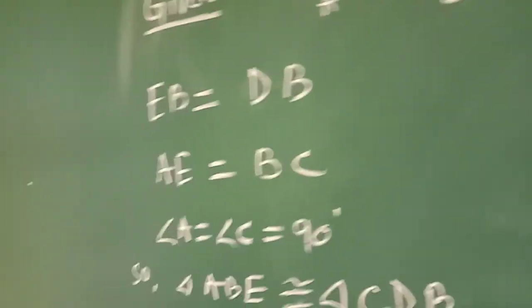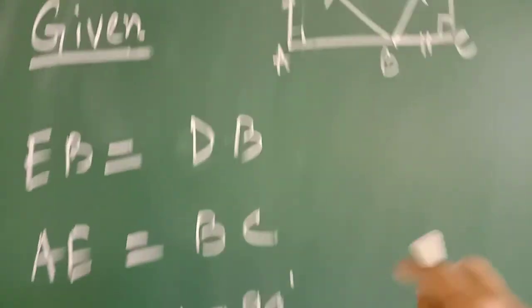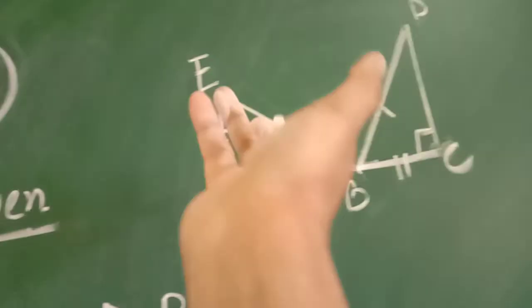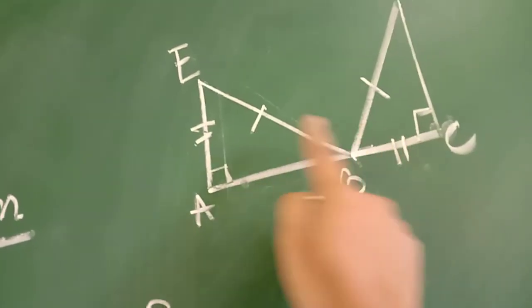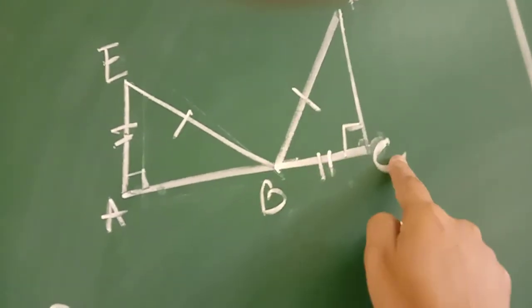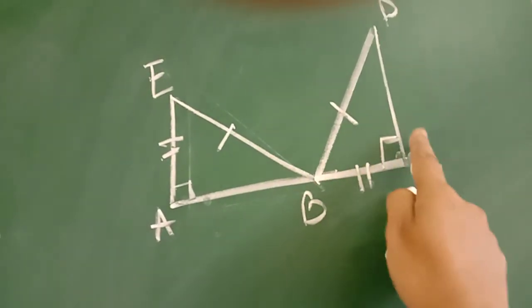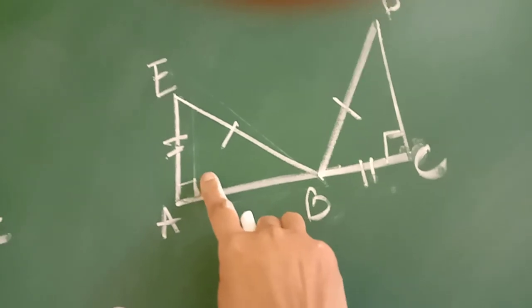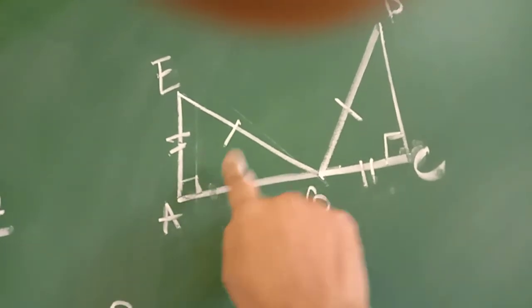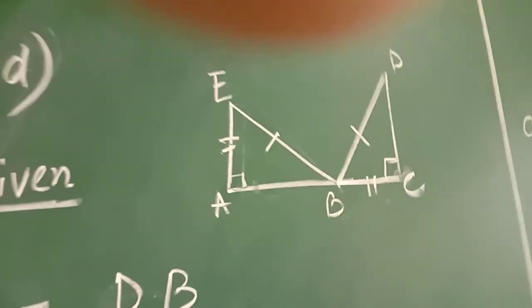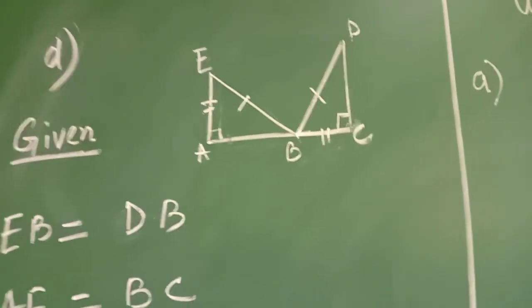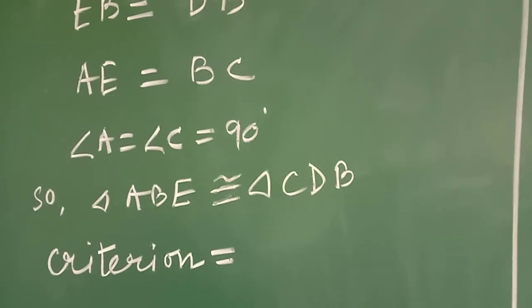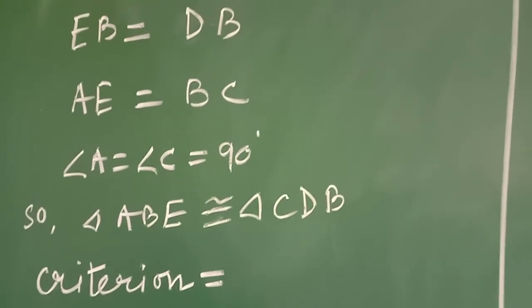Then they are saying that these two triangles are congruent. That means if I cut these two triangles, turn and place the hypotenuse over hypotenuse, equal side over this equal side, this side on this side and angle on this angle, then you can see that these two triangles are exactly the same measurement, equal. That means congruent. Then which criteria are you using here?